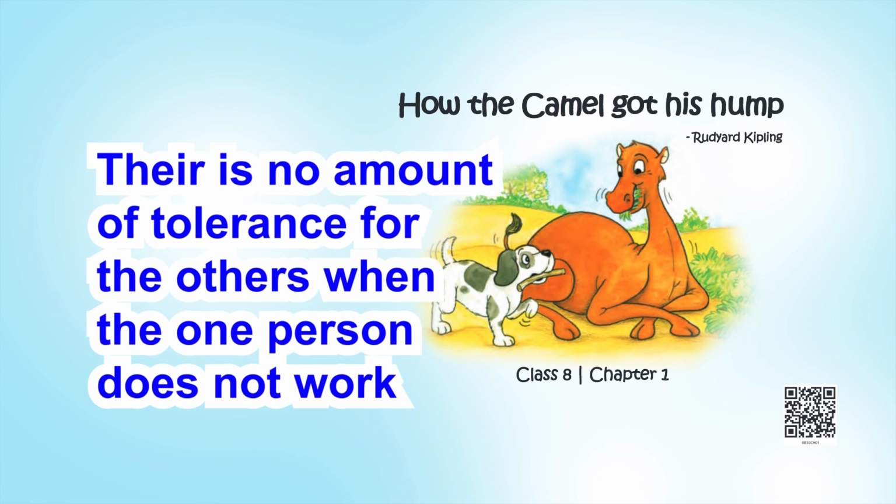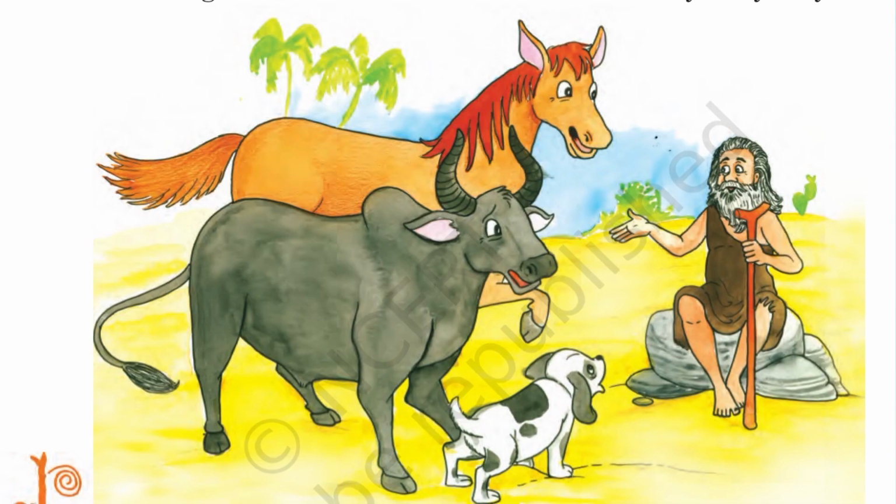That is, when the camel is trying to shed all its work to the other 3 animals, the animals do not tolerate it. They go to the man and complain, saying that they do not want to take the burden of the camel and work extra hours.